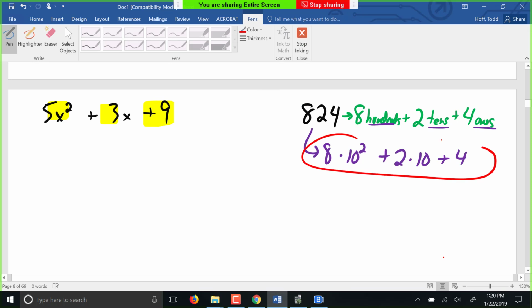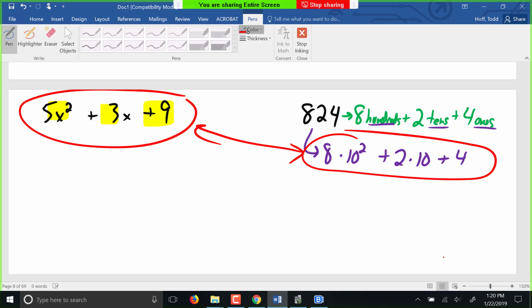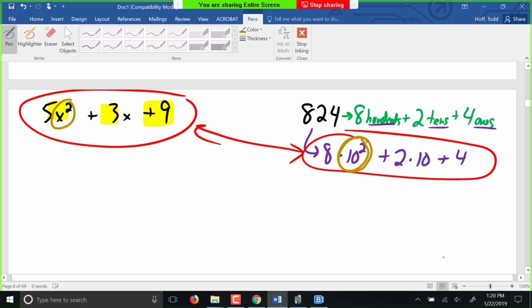If we look at this and compare it to that, sorry, I'm losing my voice again. As we compare those two, you start to see similarities. Instead of the 10 squared digit, that's the x squared digit. Instead of the tens digit, that's the x digit.